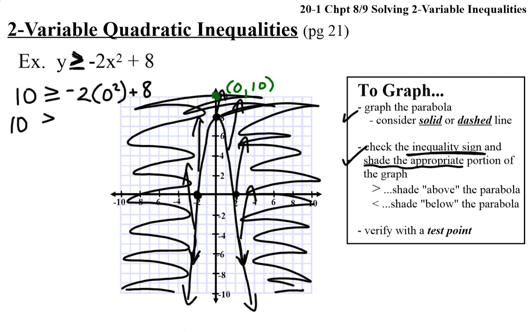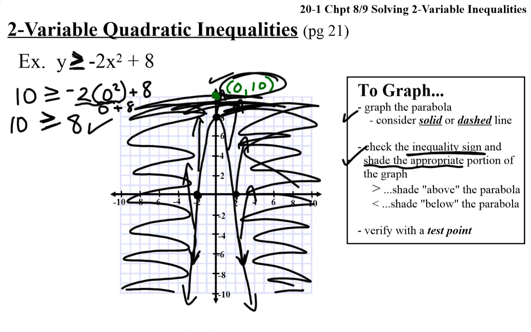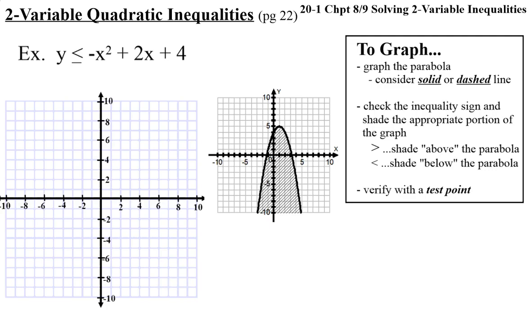We have 10 on the left. 0 squared is 0 times 2 is 0 plus 8 gives us 8. Is 10 greater than or equal to 8? Absolutely. So (0, 10) is a good verification point. It should work because it's in the region. So honestly, graphing the parabola is the tricky part here. Shading greater than, less than shouldn't be too difficult.